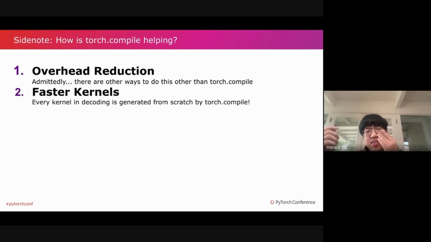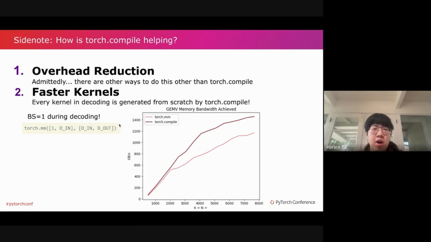But the other thing here is that Torch Compile generates very fast kernels for the decoding stage. By kernels, I mean the actual things that run on the GPU, the CUDA kernels that are being generated. Every single one is generated from scratch by Torch Compile.